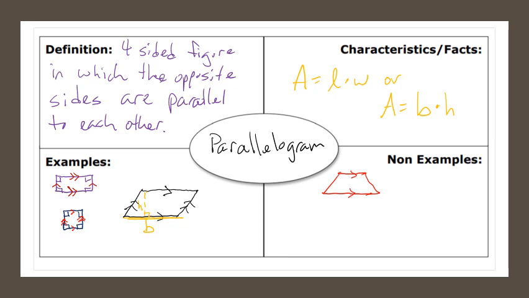Something like a kite is also not a parallelogram, because opposite sides are not parallel. So for any parallelogram, the area is base times height.